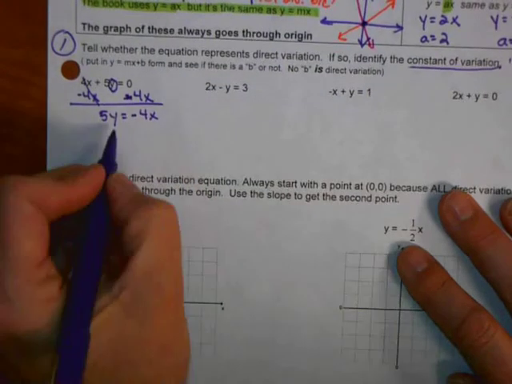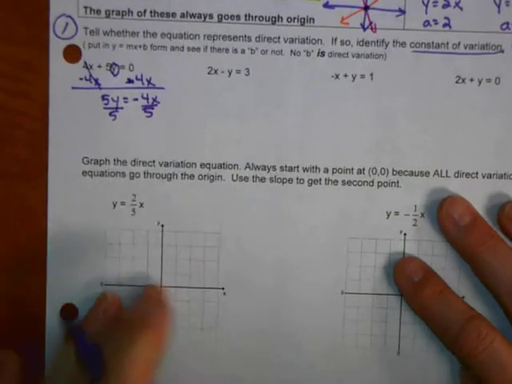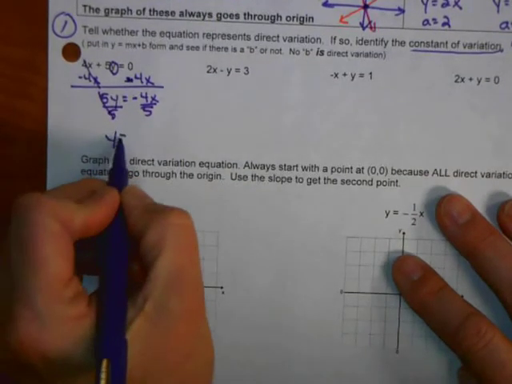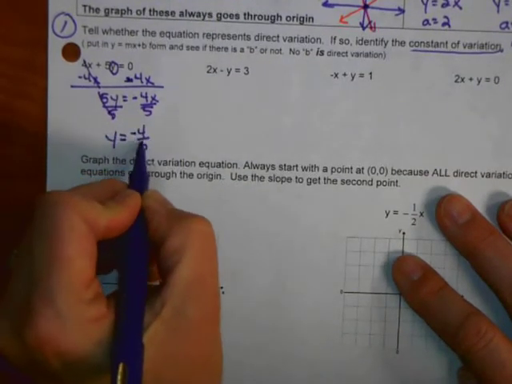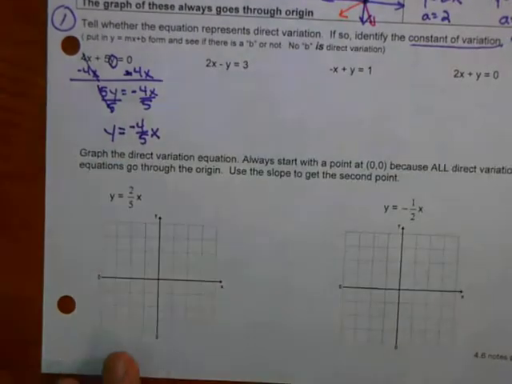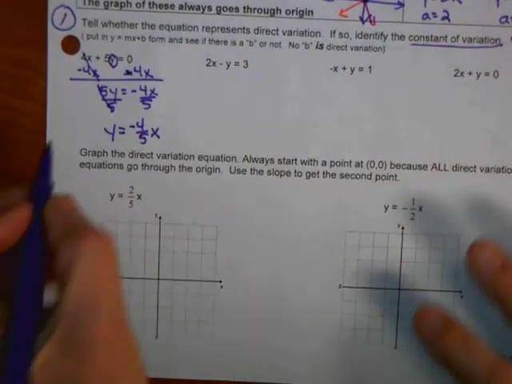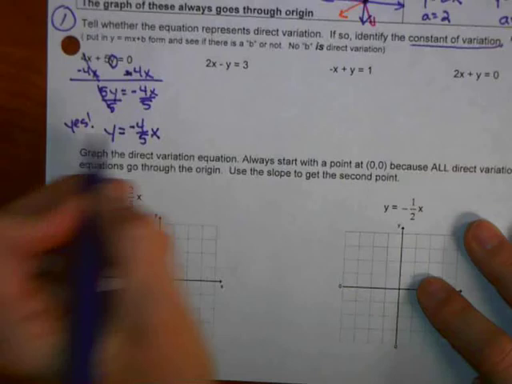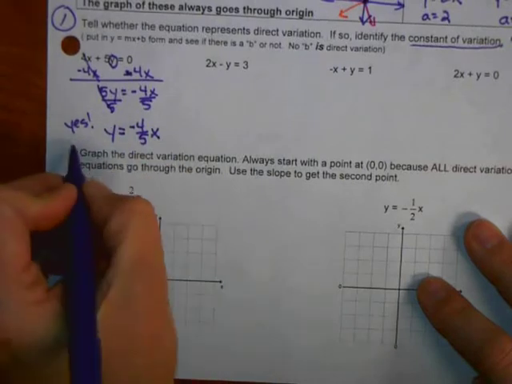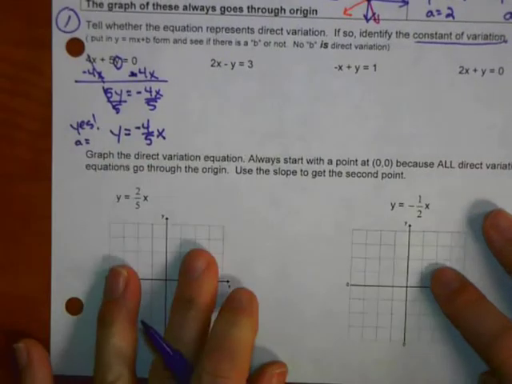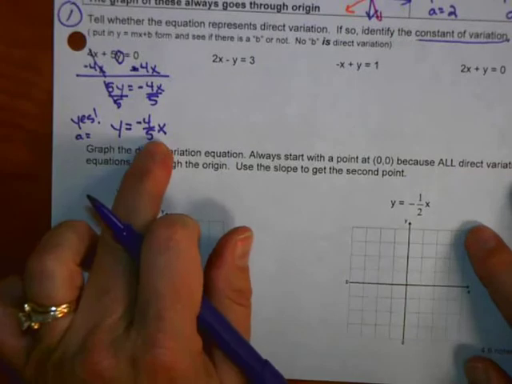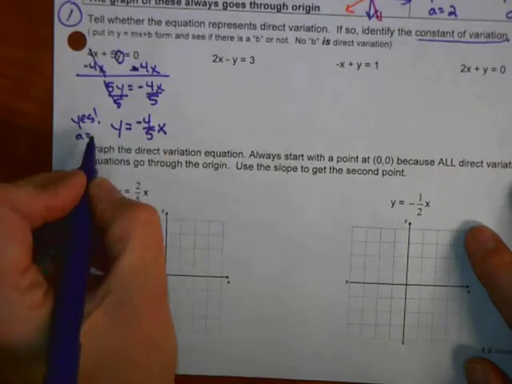Divide by 5. I get y equals negative 4/5 x. Is this direct variation? Yes. Why? Because there's no b. So I'm going to say yes. And the a equals what? Negative 4/5. The a is negative 4/5.